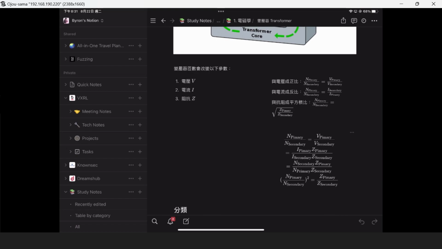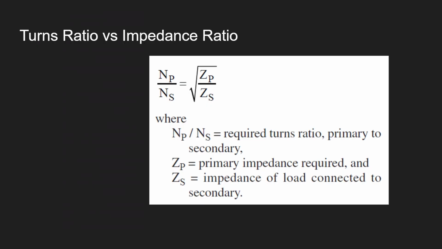You can put a square here, and that's why impedance goes with the ratio squared. This is how you do the math if you really want to, but I don't think you need it. So just using your high school or middle school math can solve all the stuff. Once again, it's just two formulas: Ohm's law and the power P equals IV.